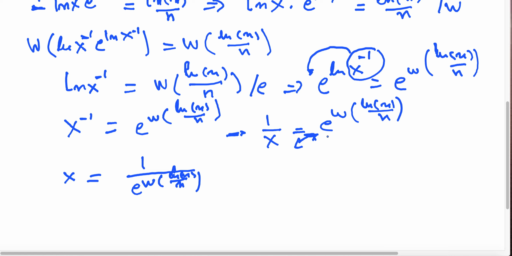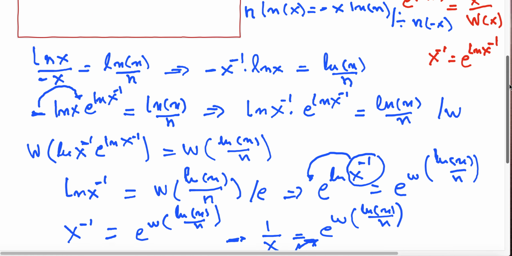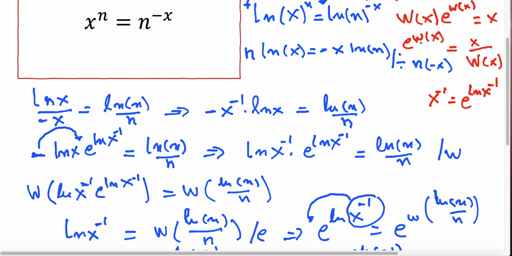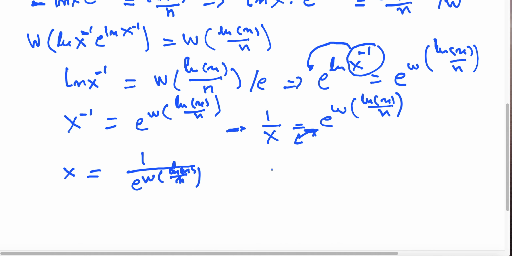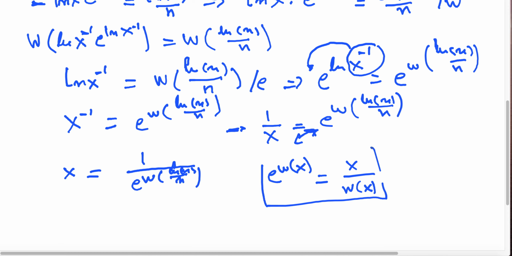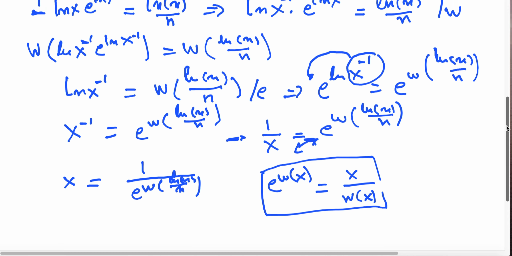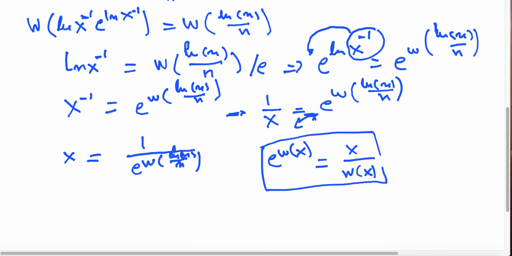Let me go a little bit further here. Let me take this criteria here: e^(W of x) is equal to x divided by W of x. I'm just checking that this is the right one.